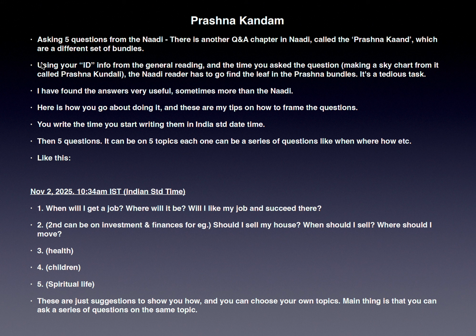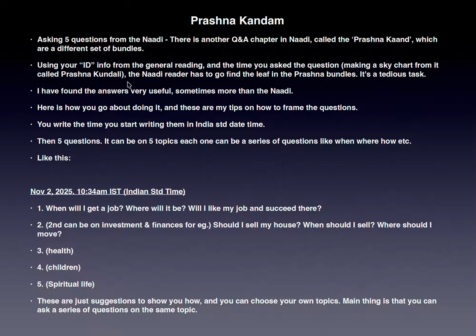So once they have your ID from the general chapter reading, the time that you ask the question, what they do is they make a birth chart for your questions, because you mark the time that you ask the questions. That is the birth of the questions, and they'll make a sky chart from that time that you wrote the questions.